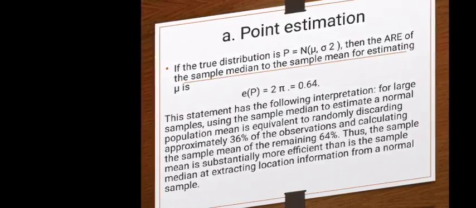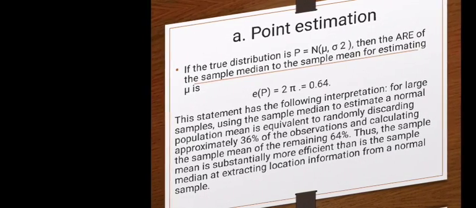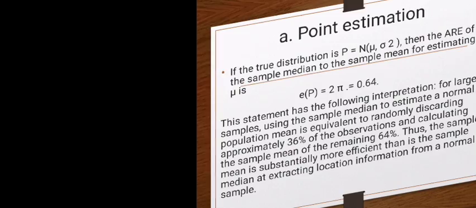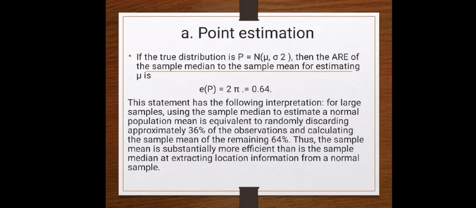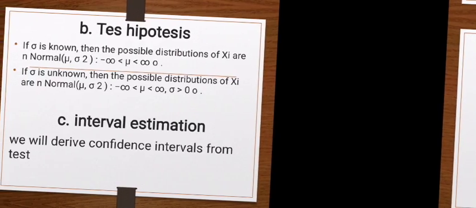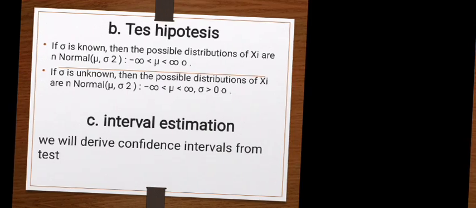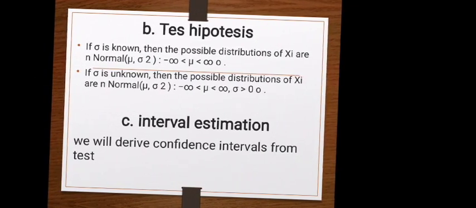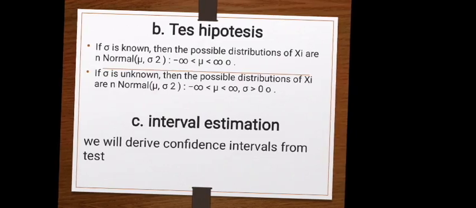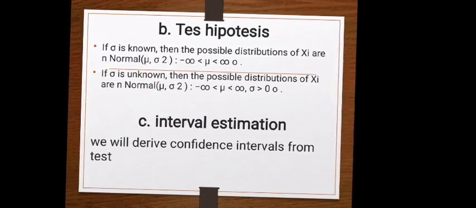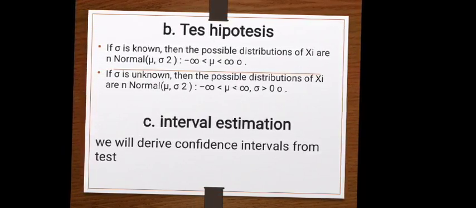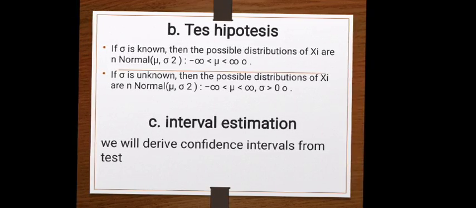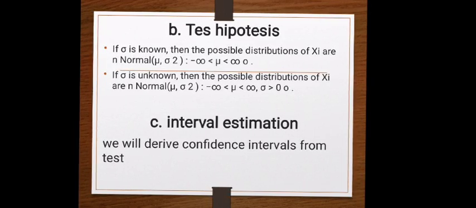Thus, the sample mean is substantially more efficient than the sample median at extracting location information from a normal sample. B. Test hypothesis. If sigma is known, then the possible distributions of Xi are Normal(mu, sigma squared), negative infinity is less than mu is less than infinity.